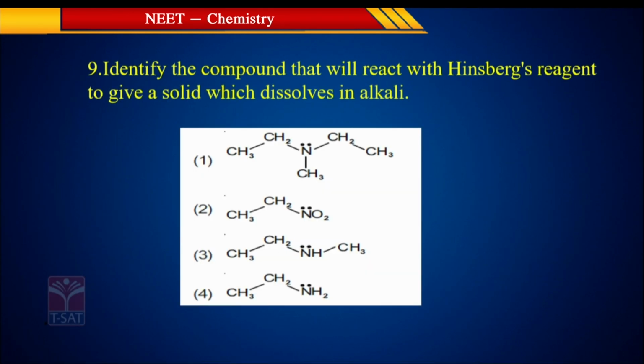And next, coming to the question: identify the compound that will react with Hinsberg reagent to give a solid which will dissolve in alkali. A primary amine reacts with Hinsberg reagent like this, that is Cl-S double bond O, benzene sulfonyl chloride.